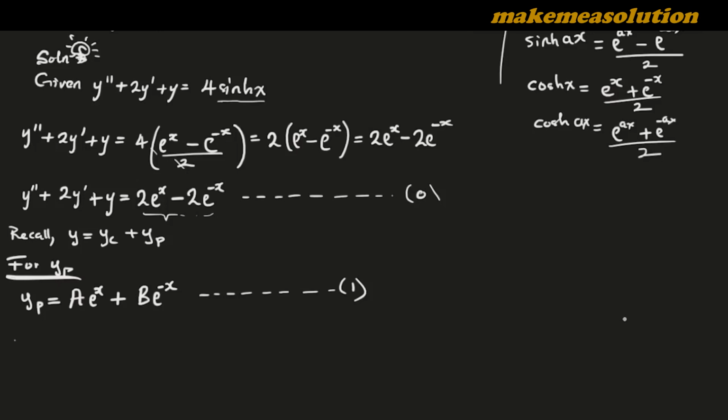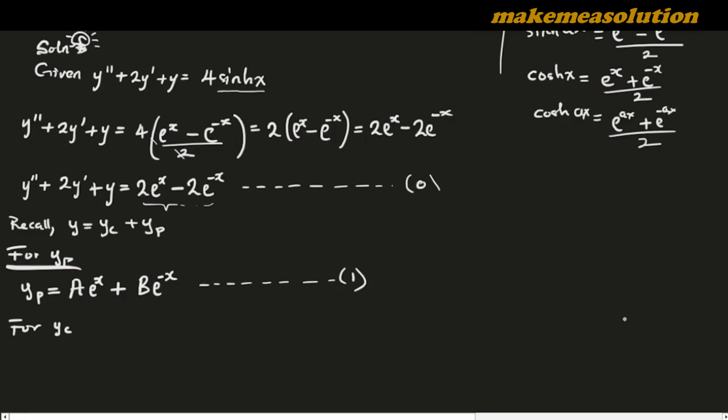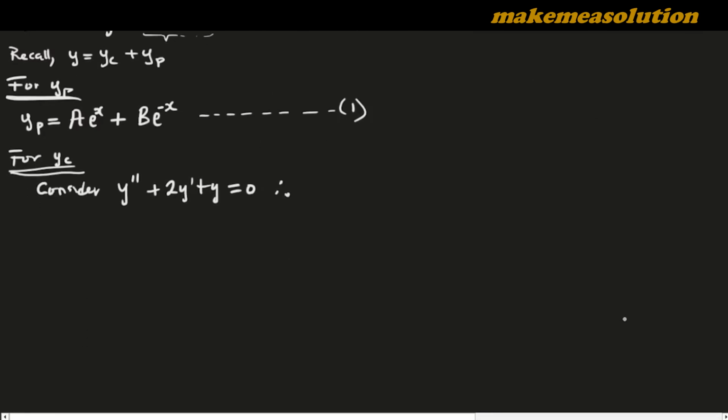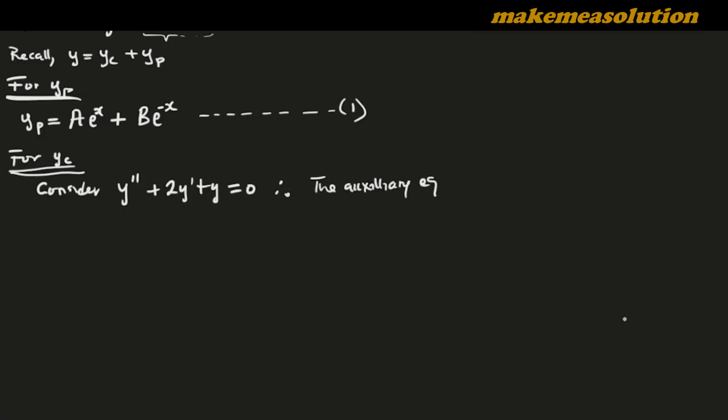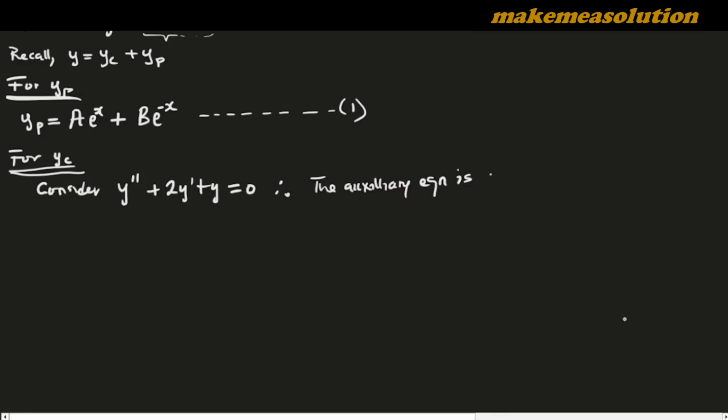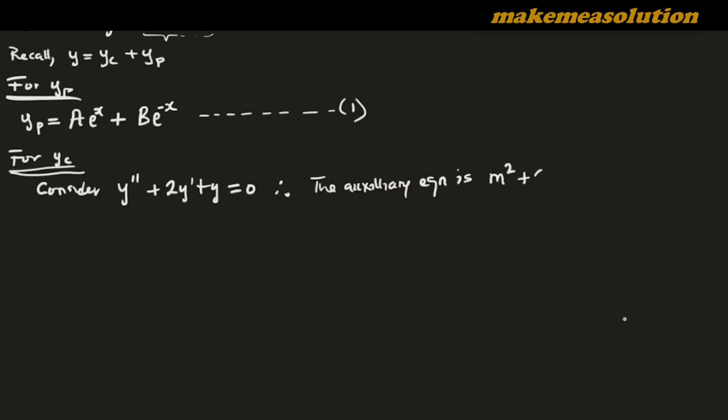So let's find yc, our complementary function. You need to consider when the differential equation is equal to 0. When you consider it like this, the characteristic equation, using a variable m, is m squared plus 2m plus 1 equal to 0.